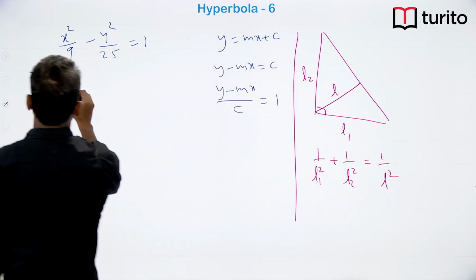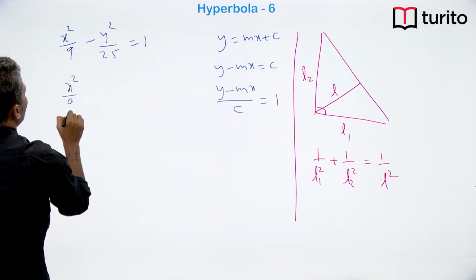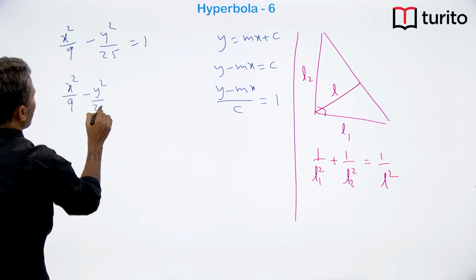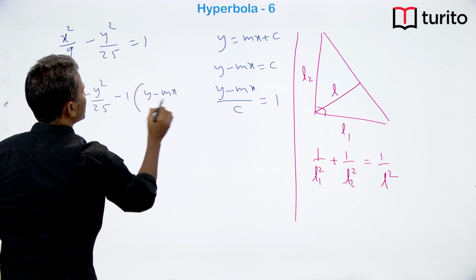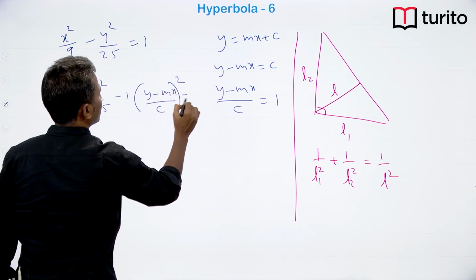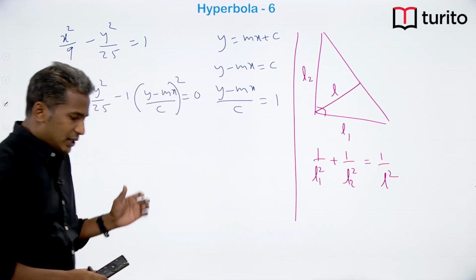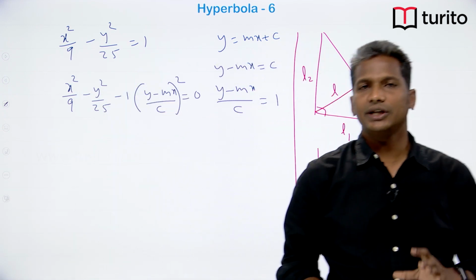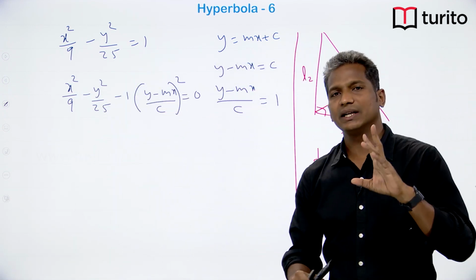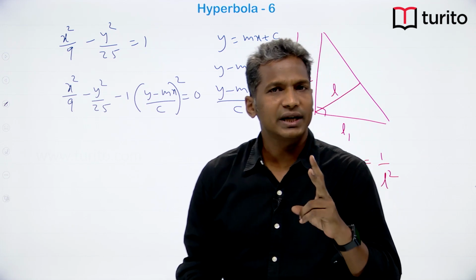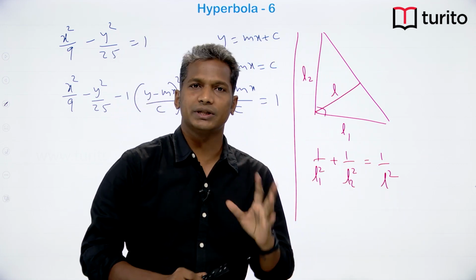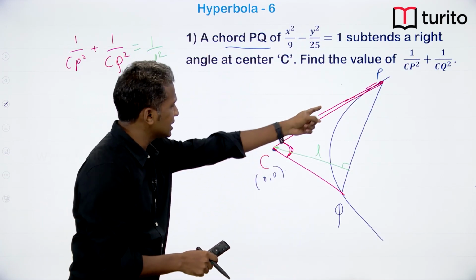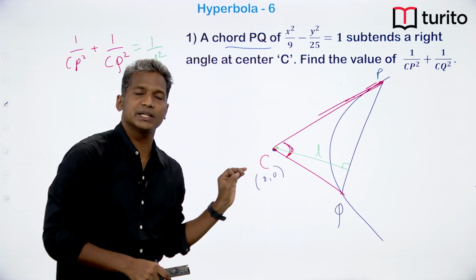So, for that what we do is, we multiply this 1 with (y minus mx by c) whole square. Okay. So, by doing this I have converted the equation into a homogeneous second degree equation, and a homogeneous second degree equation could represent 2 straight lines passing through origin, and here we are basically interested in these lines CP and CQ.